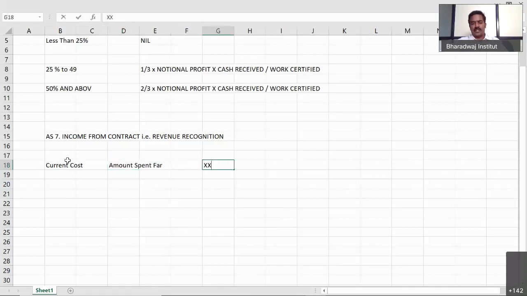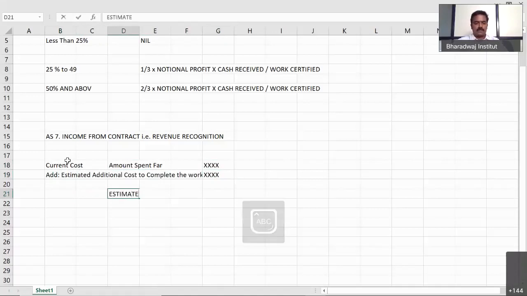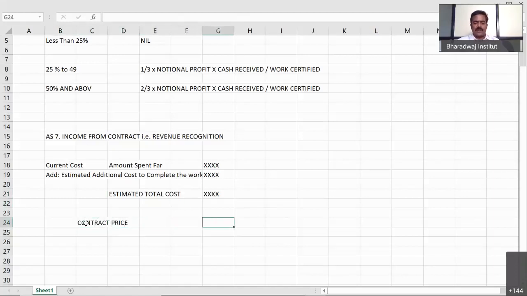Then add the estimated additional cost to complete the work. If you add both, you will get the estimated total cost. With this, you compare the contract price. The difference will be called the estimated total profit.